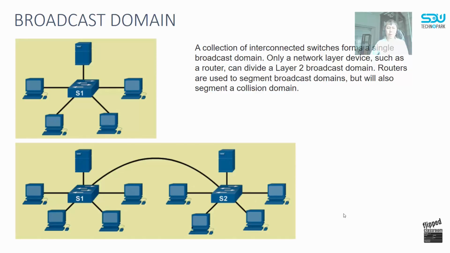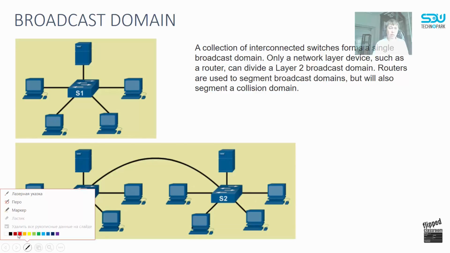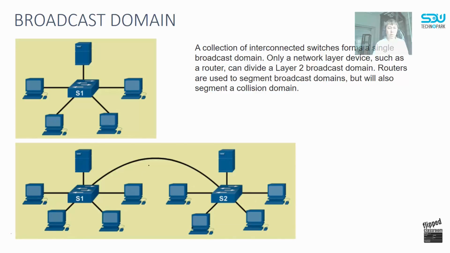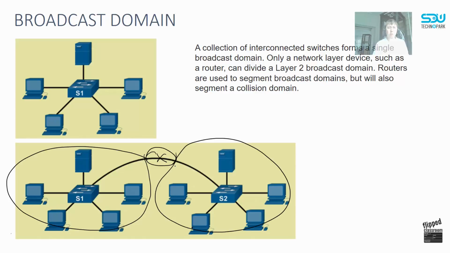And the broadcast domain is bordered by the router connectivity, so if instead of connecting switch 1 to switch 2 directly you have a router, then you will have 2 broadcast domains, one broadcast domain and a second broadcast domain.